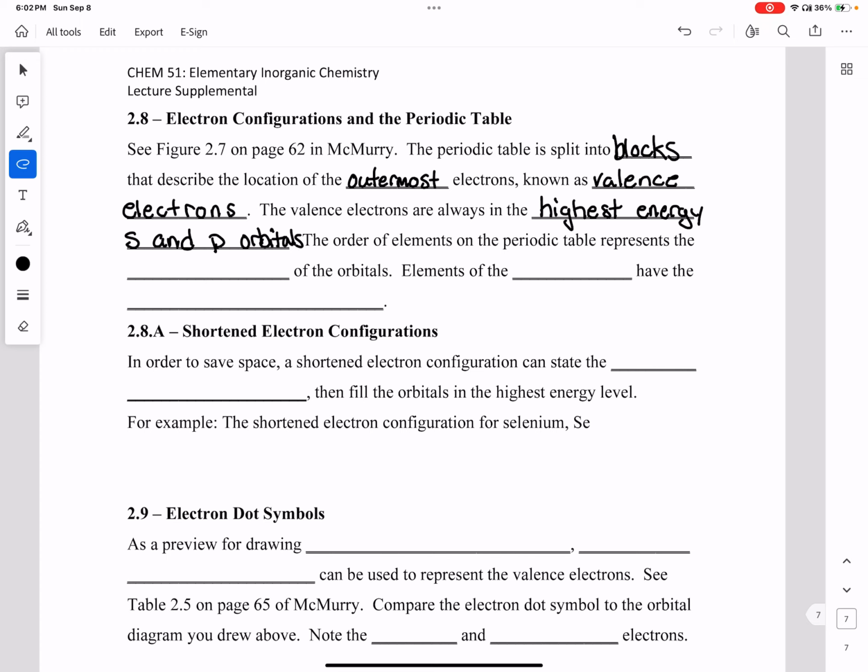And so the order of the elements on the periodic table by atomic number will represent the filling order of the orbitals.